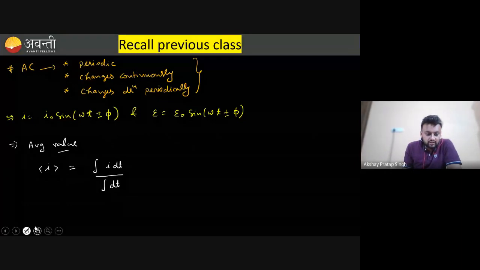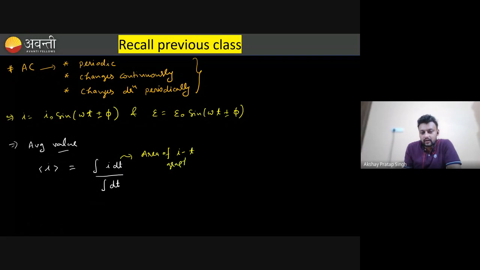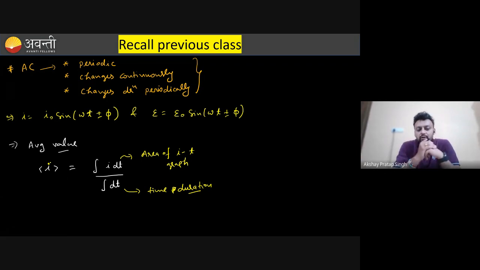This numerator portion is generally called the area of the I-t graph, and this dt is nothing but the time period or time duration. I hope these two things are very much clear, how average current is calculated.